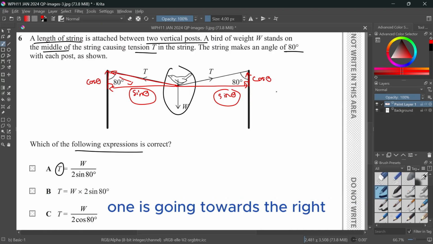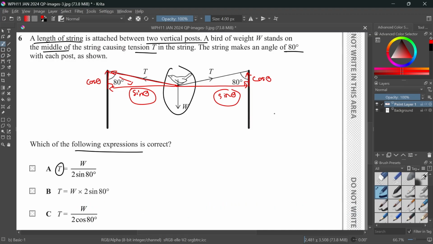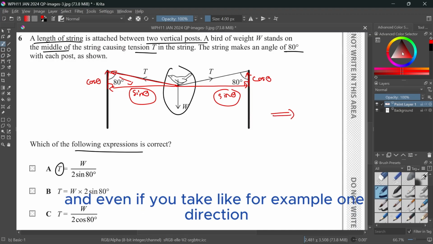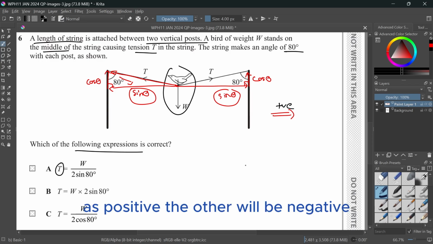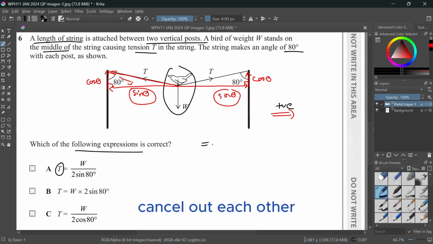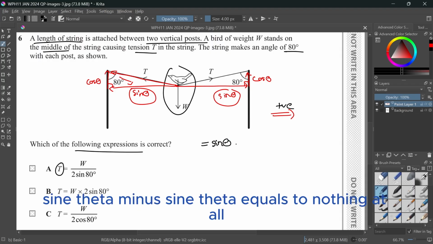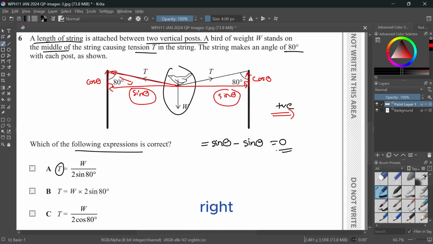One is going towards the right and one is going towards the left. Even if you take one direction as positive, the other will be negative, so they will cancel each other out. Sine theta minus sine theta equals nothing at all, right?